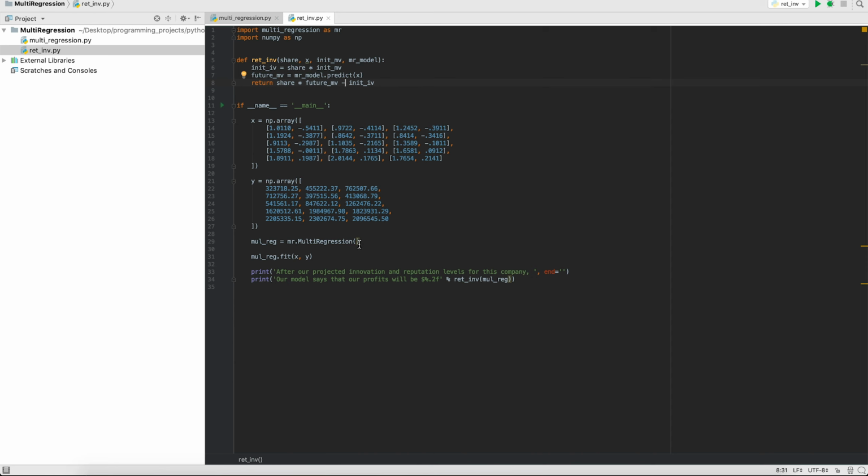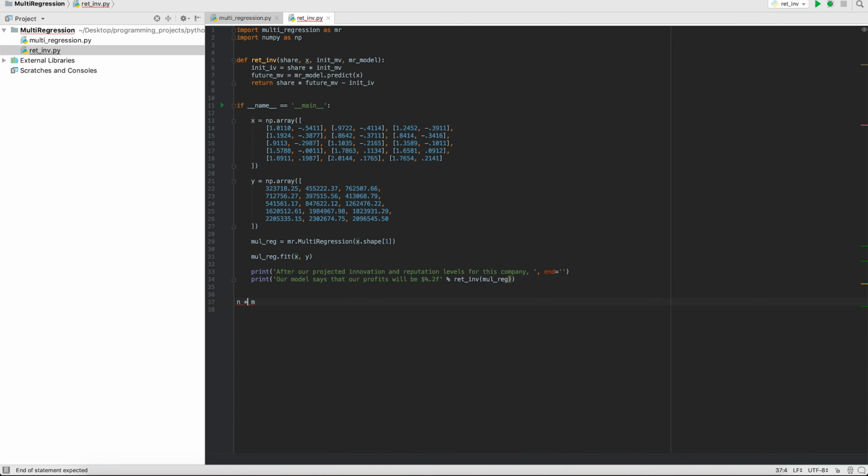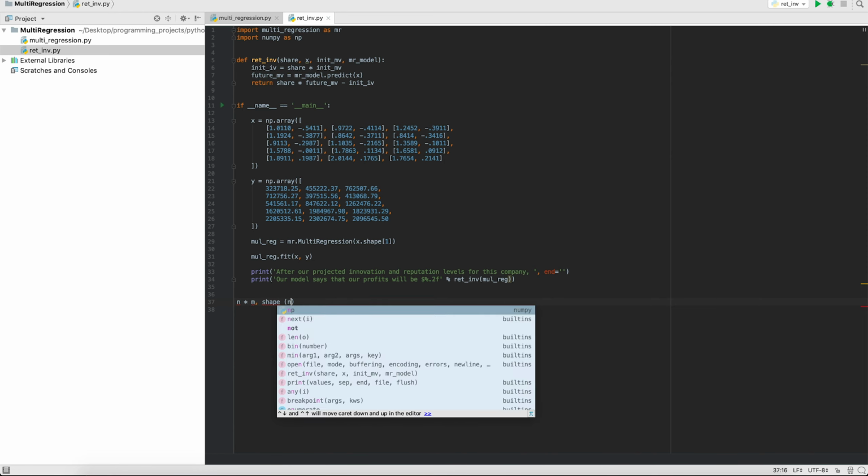Okay, so now that we got that out of the way, let's just go ahead. The inputs will be x.shape[1]. So this will give us the number of inputs. Why? Because remember, the shape returns, if we have an n by m matrix, the tuple n comma m.